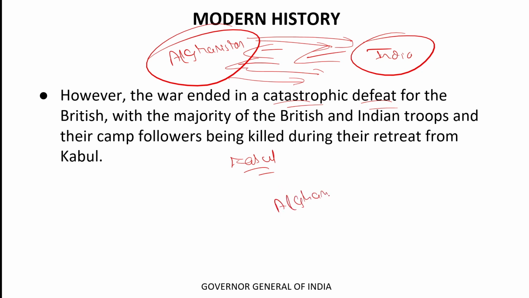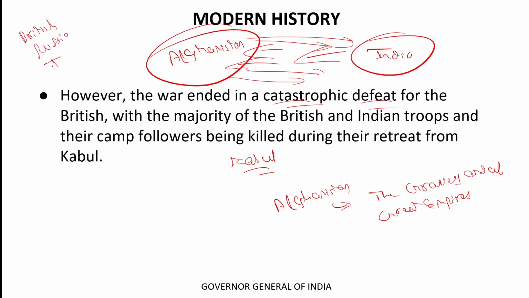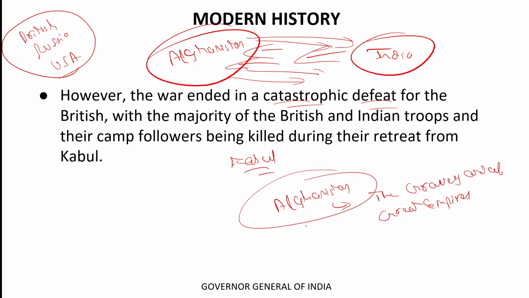That's why Afghanistan is also known as the graveyard of great empires. Because whether it's British, whether it's Russia, whether it's USA, none of these great empires were able to control the Afghan territory. So that's why Afghanistan is known as the graveyard of great empires.